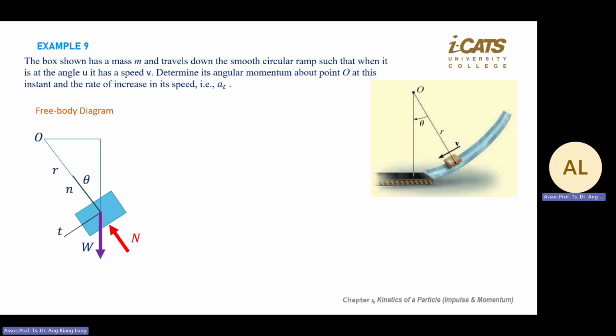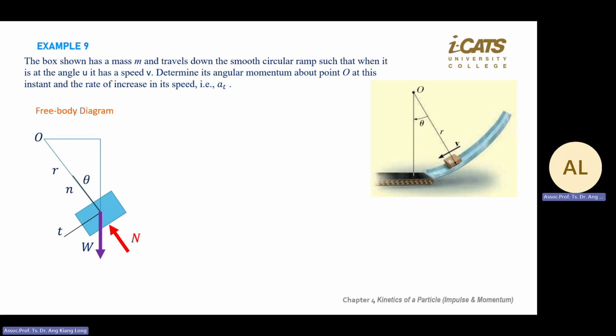You take F equals ma in the x and y directions or tangent normal directions, then you solve and get the normal force first. Although this is smooth, you still need to find N, because N will affect your formula.